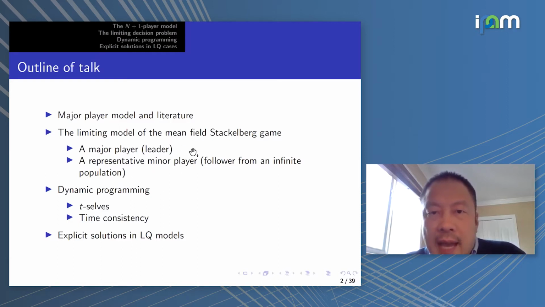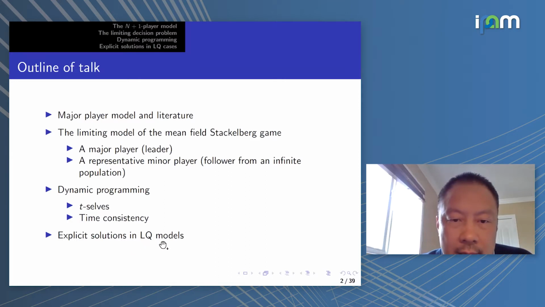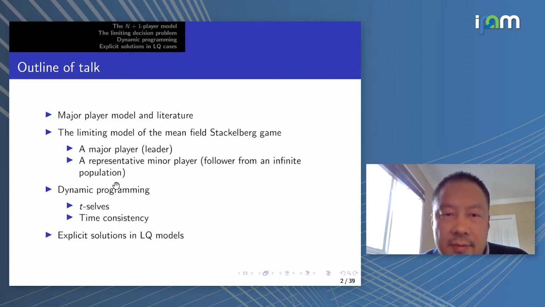To propose a solution to this problem, we will actually use dynamic programming, and this is based on a notion called t-selves. And the last part is for the LQ case. We will use these LQ models to illustrate the feasibility of the dynamic programming approach.